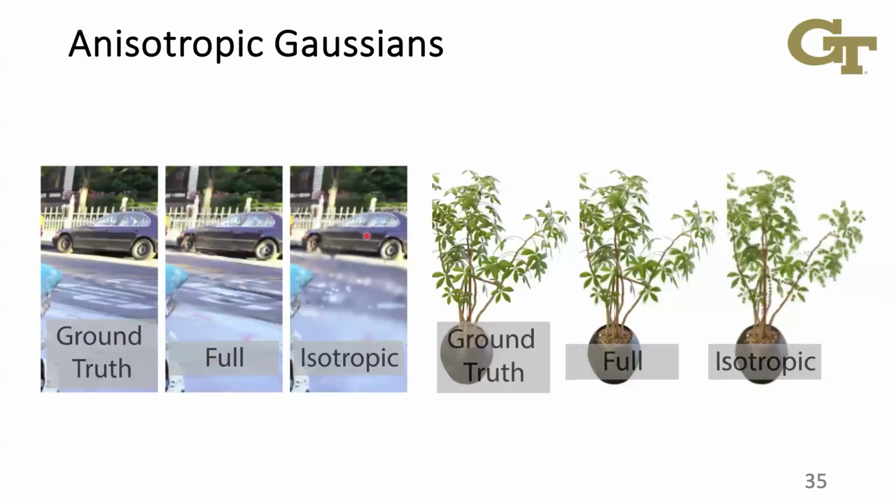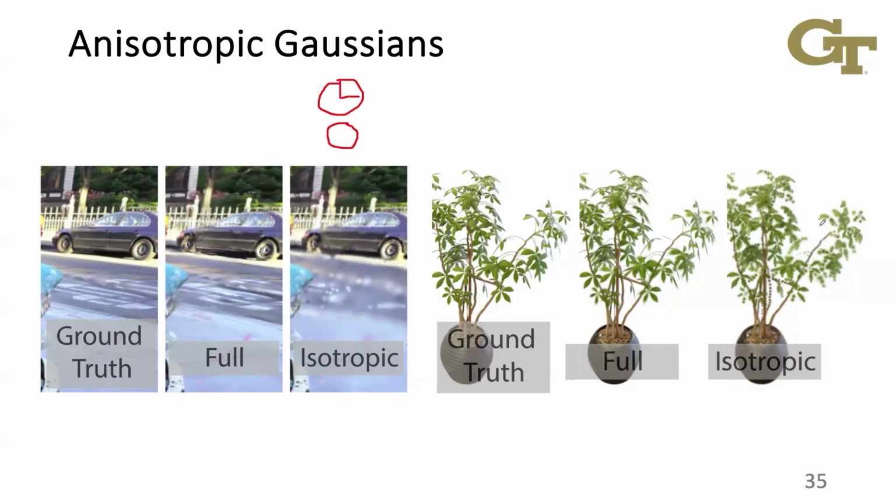And something I mentioned before is that an isotropic Gaussian, which is kind of the same scale along each axis, results in... if they just had a single scale along each axis, then that would result in these little observable blobs.